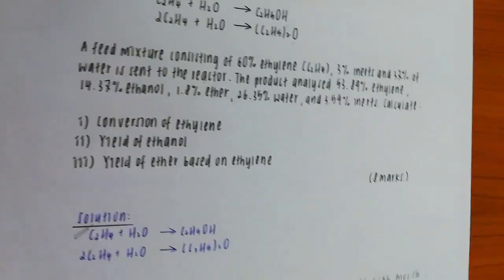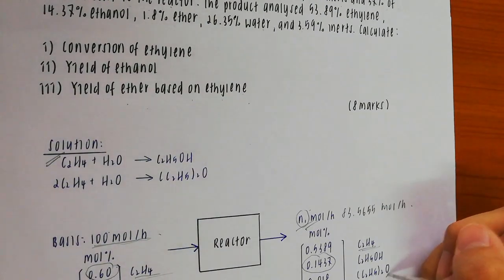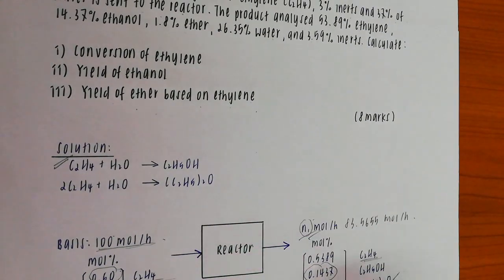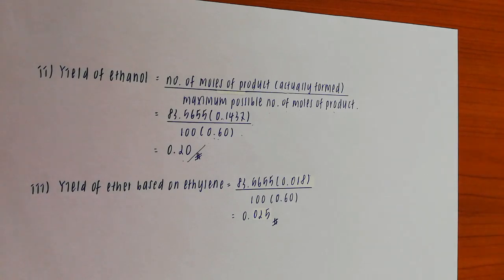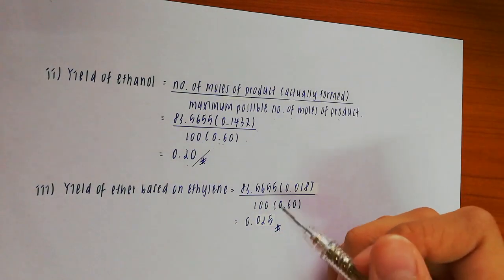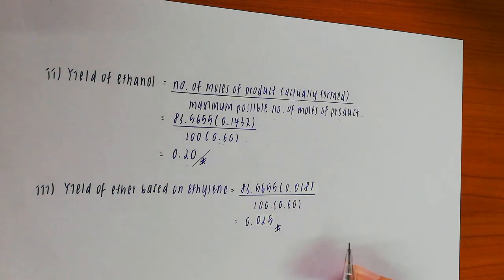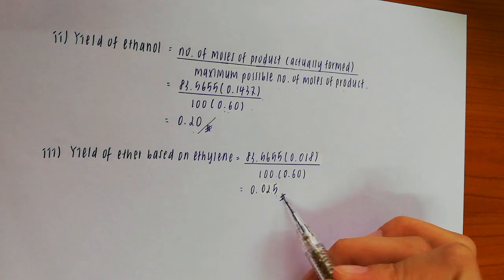So the last question is yield of ether based on ethylene. So ether is this one, and then based on ethylene, N1 times 0.018 divided by 100 times 0.6. So we get our answer 0.025.